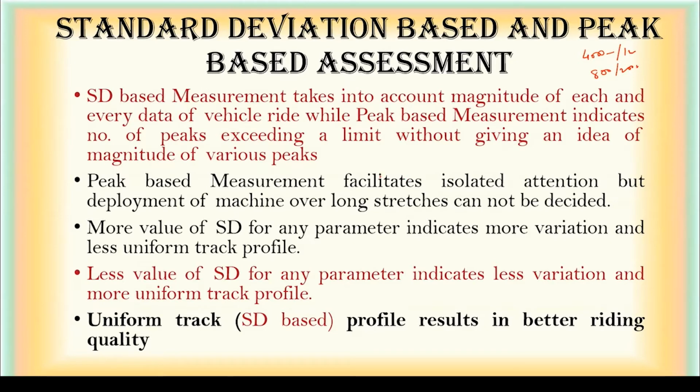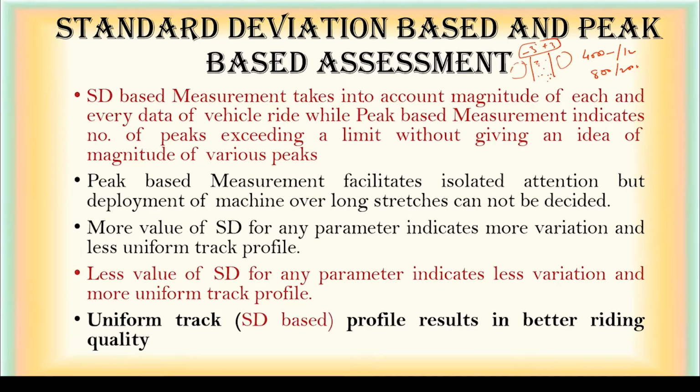And standard deviation जो computer analysis करेगा, each and every data will be evaluated. While in peak based measurement, it will measure only the values which are beyond threshold values. Say I say my gauge should be -3 to +3 for a particular classification. So whatever value is coming in between, this will not be calculated. Only whatever are in this range or this range will be calculated.